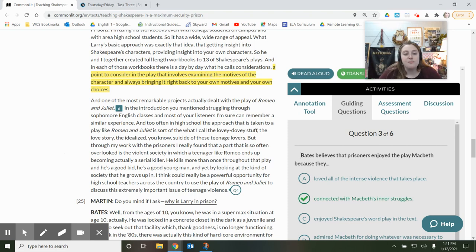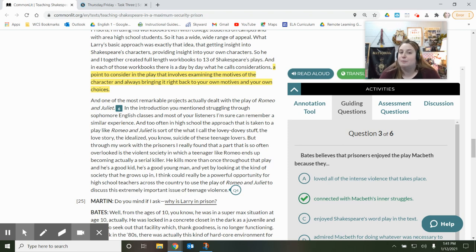It's a twist. Okay. So she says, through my work with prisoners, I really found that a part of it so often overlooked is the violent society in which a teenager like Romeo ends up becoming an actual serial killer. Nobody talks about that. They read Romeo and Juliet, and they're like, oh, Romeo and Juliet, they were so in love. Dude, Romeo just starts slaying people. It gets crazy. It's insane.